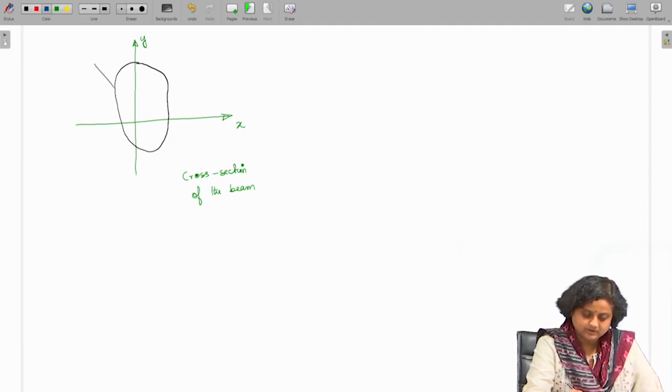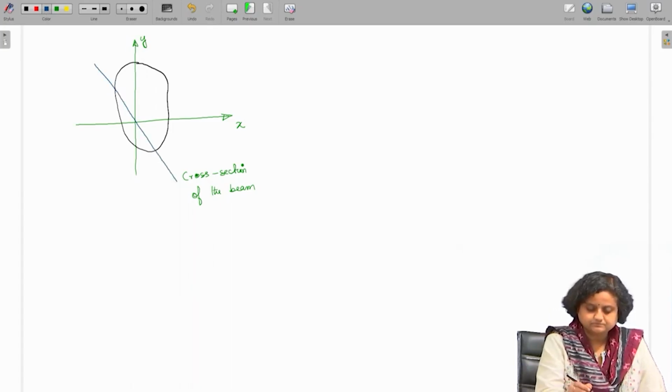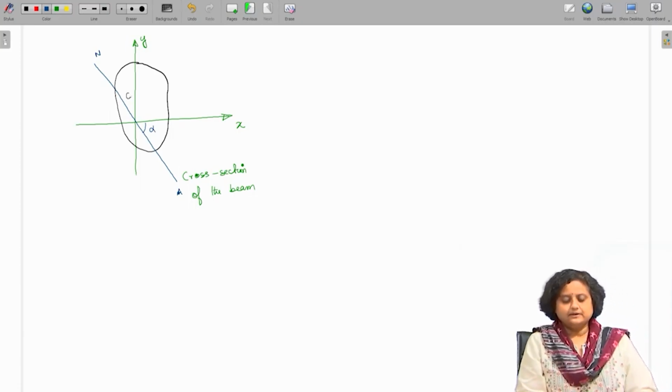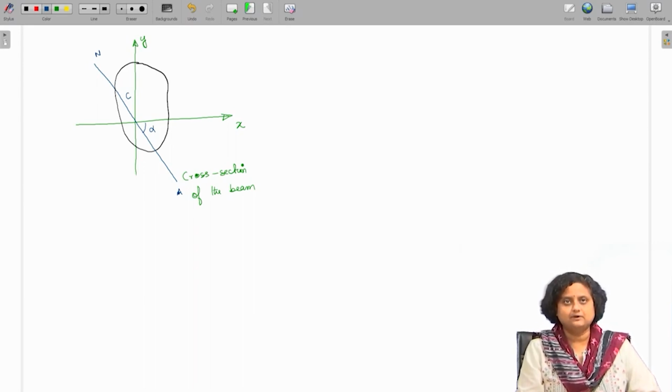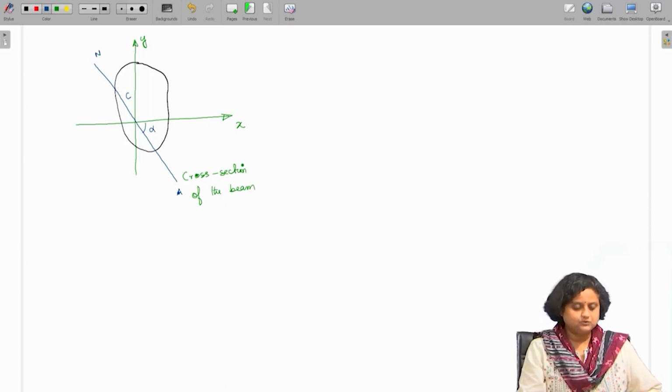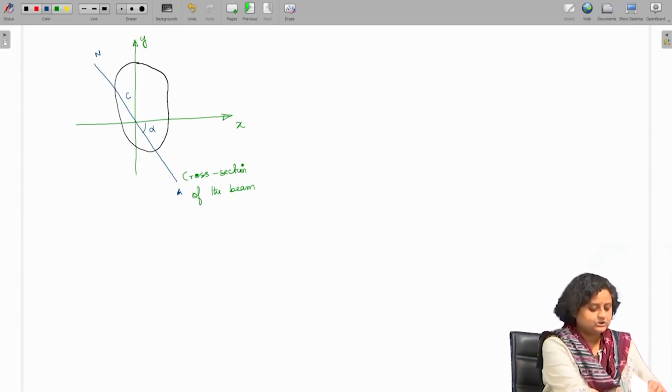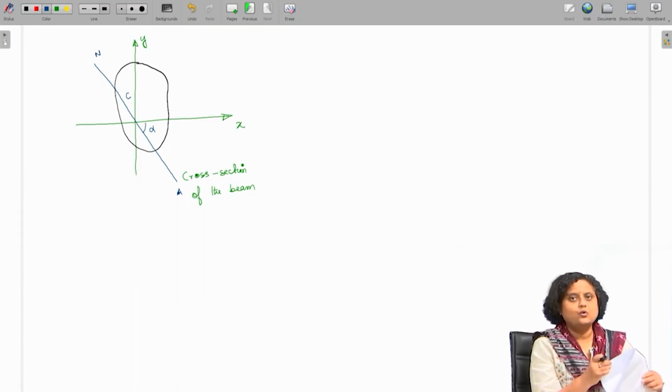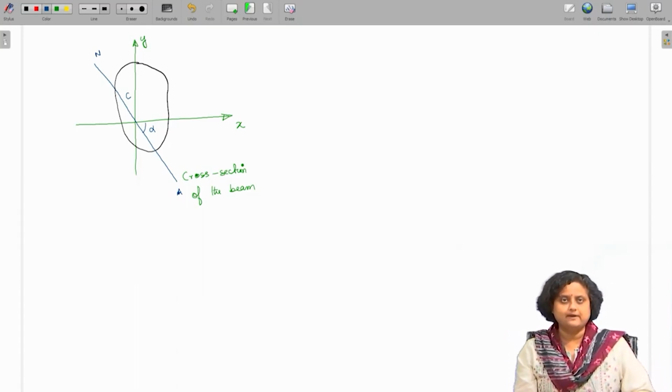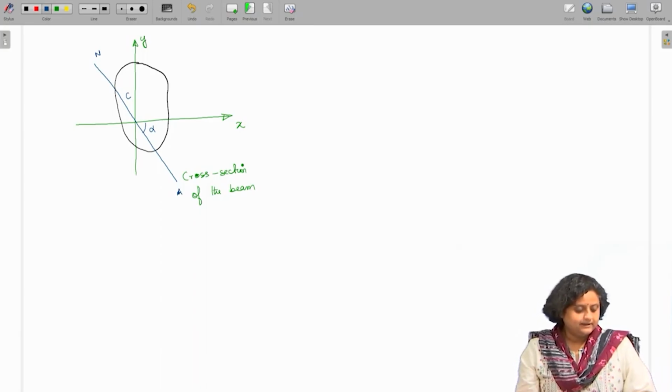We know that the neutral axis is going to pass through the centroid. So, this is the centroid C, and the neutral axis passes through the centroid and it is tilted at an angle alpha. The alpha will depend on the moments that are applied to the cross section as well as the sectional properties of the cross section. We have found out how to obtain the value of alpha in the earlier lectures.